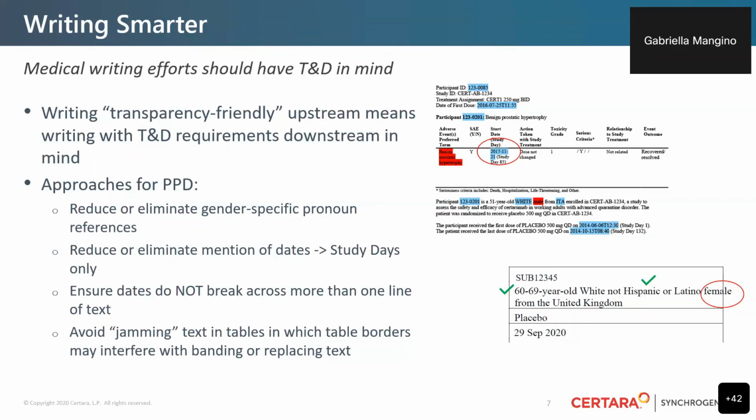But what has happened is that because that age banding, that string of 60 to 69, is longer than the original 67 string, it's pushed this text out of the particular table in which the text is reading. So we'll see circled that the word female is breaking across that template table.